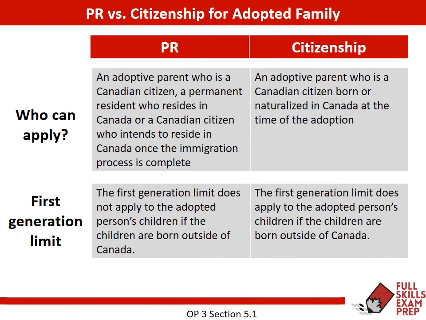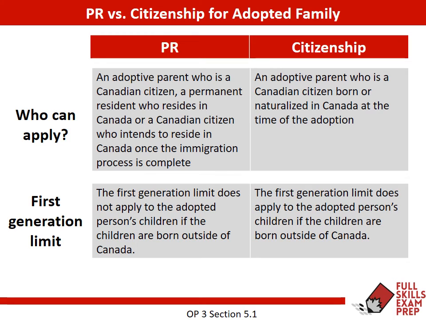Now for adoption, it's a little bit trickier. So when you're looking at permanent residency versus citizenship for someone who is immigrating as an adopted child, the parents and the history of the parents plays a pretty big role in whether or not that newly adopted child can gain citizenship right away or permanent residency.